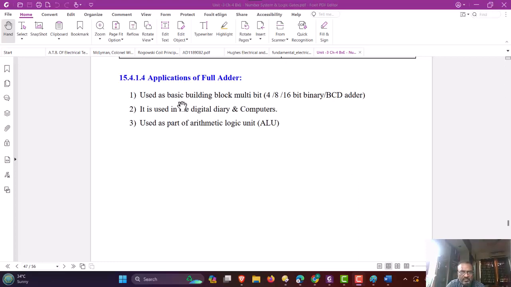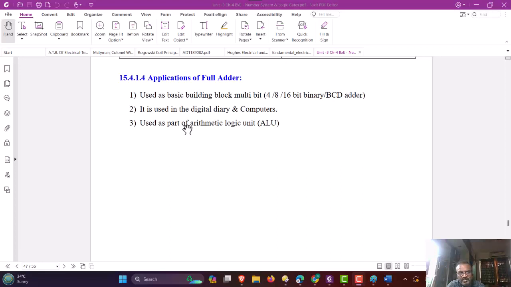Now, application of full adder. It is used as a basic building block for multi-bit additions, that is 4-bit, 8-bit or 16-bit addition of binary numbers or BCD numbers.